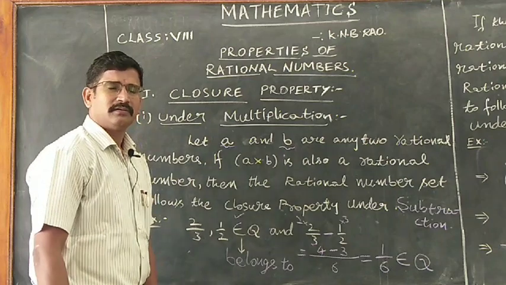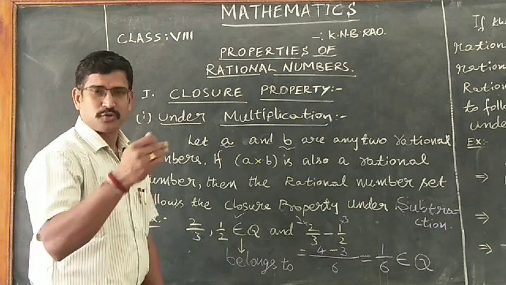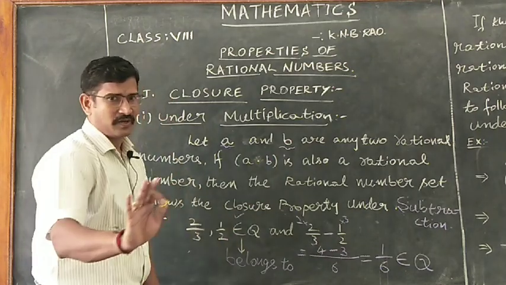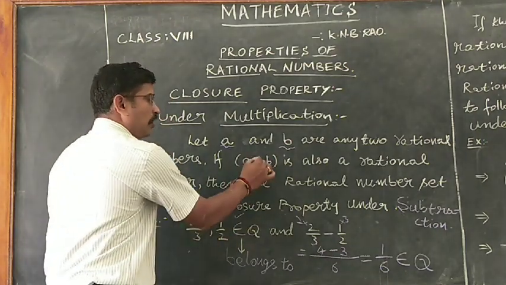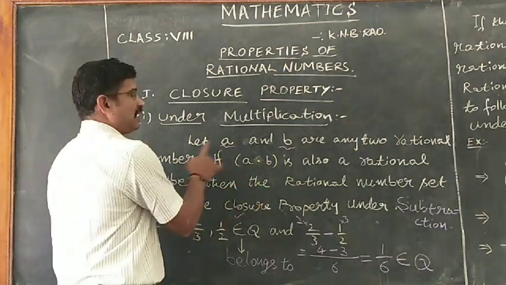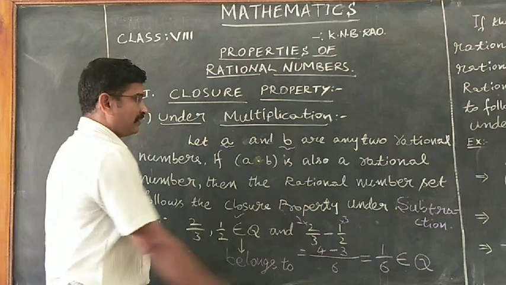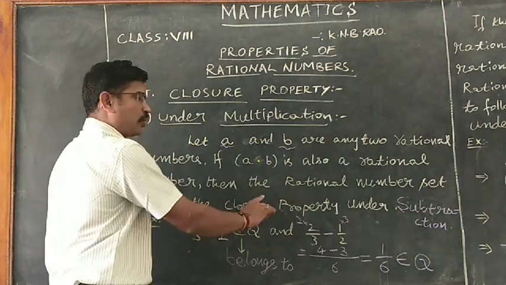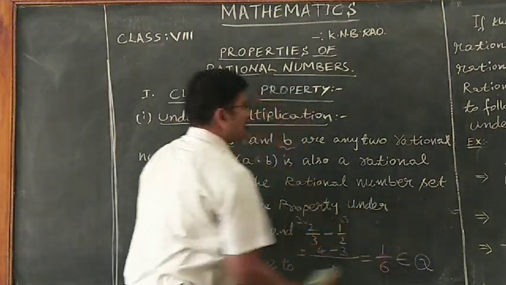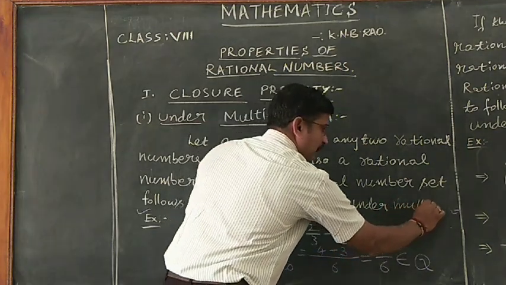Normally in algebra we prefer not writing the into sign to show multiplication, we prefer writing a dot. The choice is yours since you are in 8th standard. So a into b tells us the product. Let a and b be any two rational numbers. If a into b is also a rational number, then the rational number set follows the closure property under multiplication.